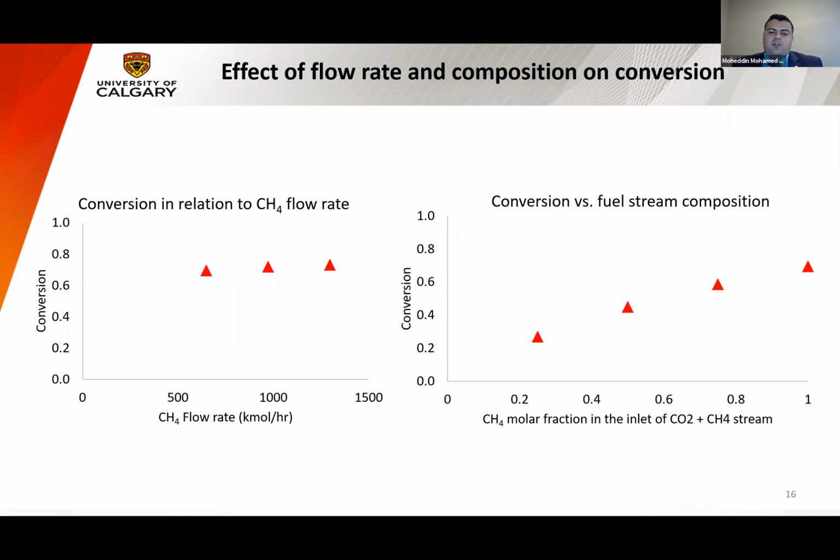While the molar fraction was kept constant, we can see that the flow rate did not have a significant effect on the conversion, as doubling the flow rate of methane only resulted in a change from 69% to 74%.